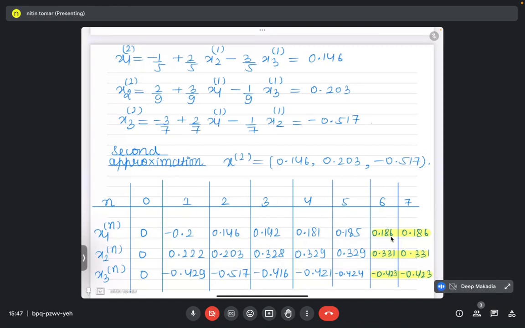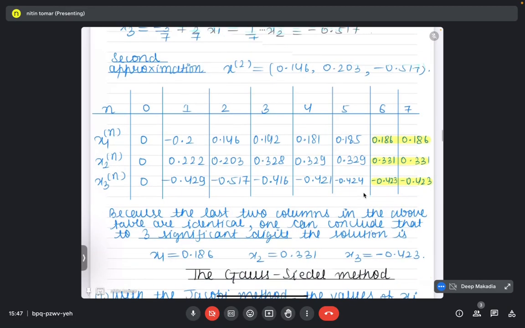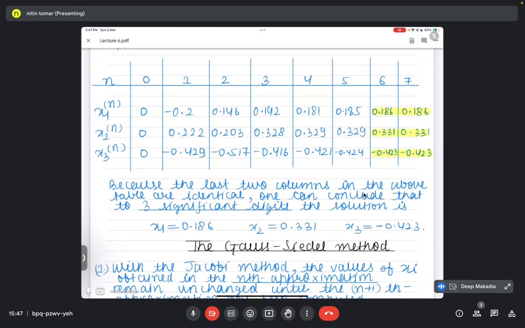And you are saying this is the precise solution, right? So up to 3 significant digits I am getting the solution. This happens with the Gauss Jacobi method, or the Jacobi method.